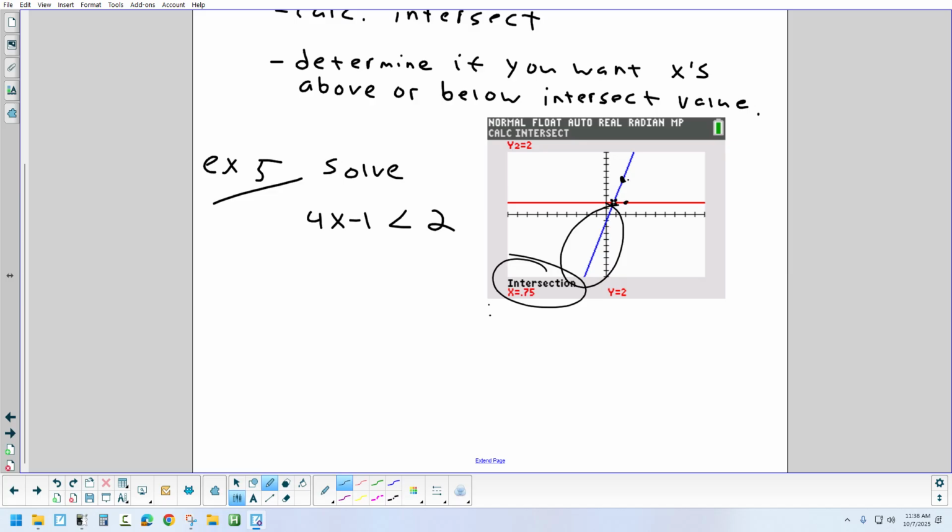Is the blue one under the red one in that spot? No, we went the wrong way. If you pick a value like -1, you're there on the red one, and -1 is down there on the blue one. Now you're underneath. So any x value that's smaller than 0.75 will work. You'll always be in this section, which is under the red line.